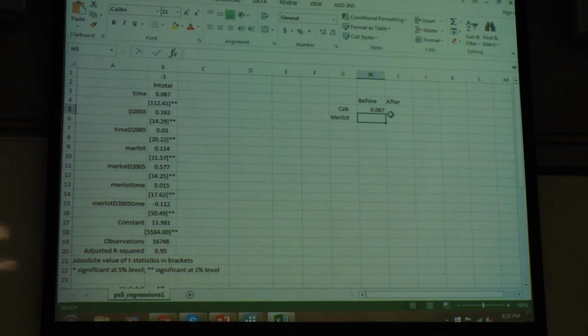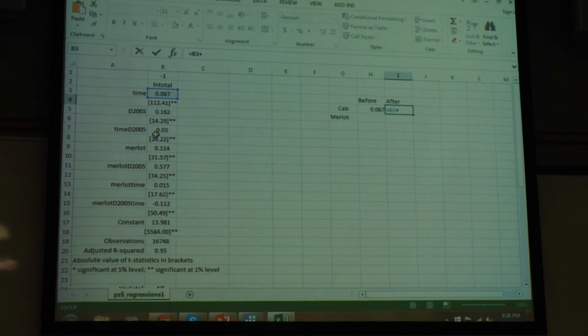All right. What's the growth rate of Cab after the treatment? 0.162? Or let's just say this, what's the difference in the growth rate of Cab after? 0.06 minus 0.03, right? Yeah. So the growth rate will be beta 0 plus whatever we're calling this, which is beta 3.